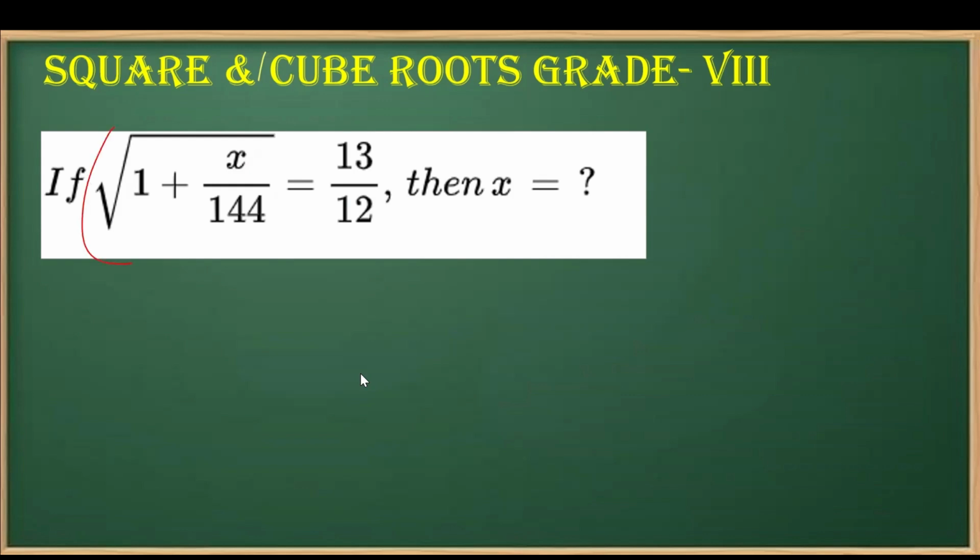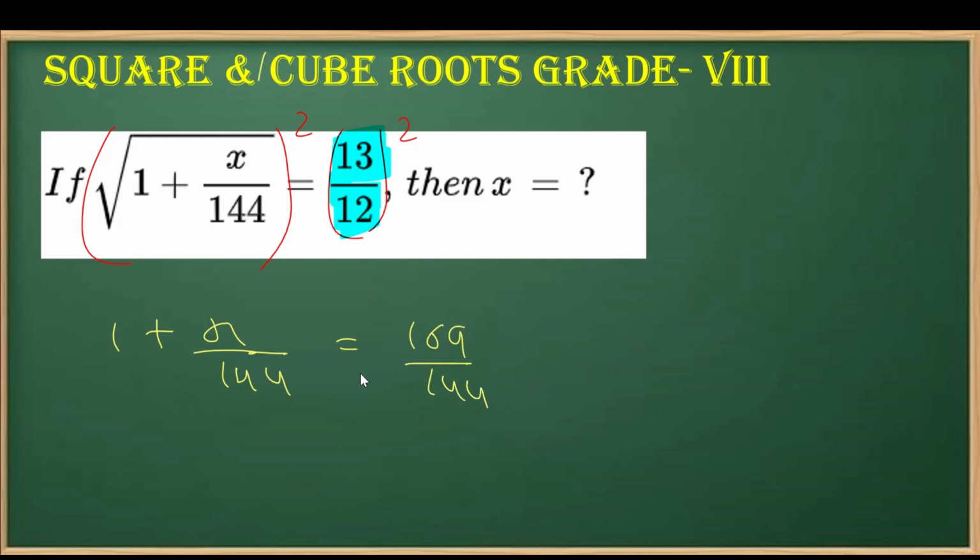Now we know that on squaring a square root, the square root vanishes. That means on the left hand side we'll get 1 plus x over 144 without a square root, as I told you that the root will vanish. On the right hand side, the square of 13 is 169 and the square of 12 is 144.